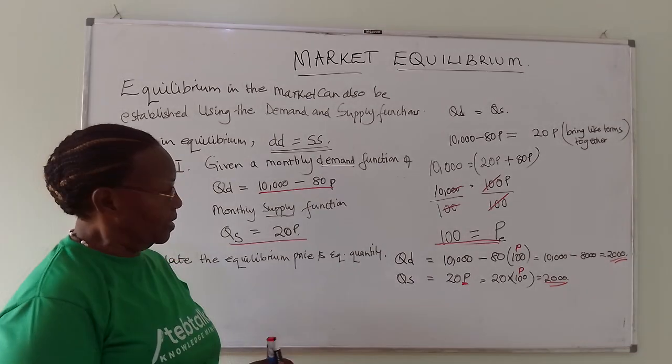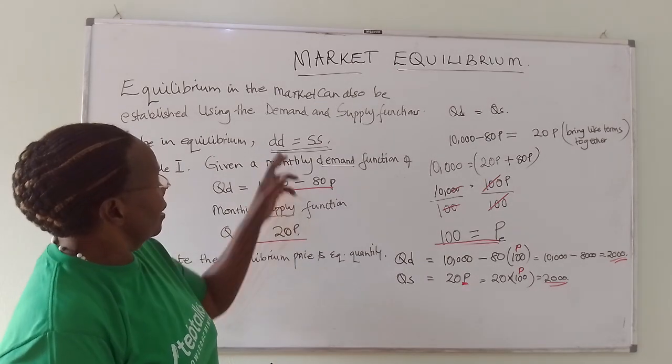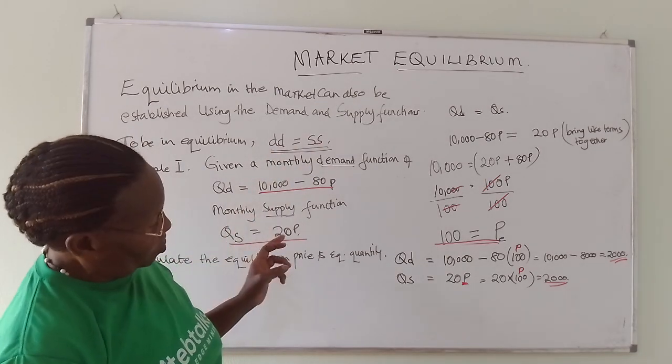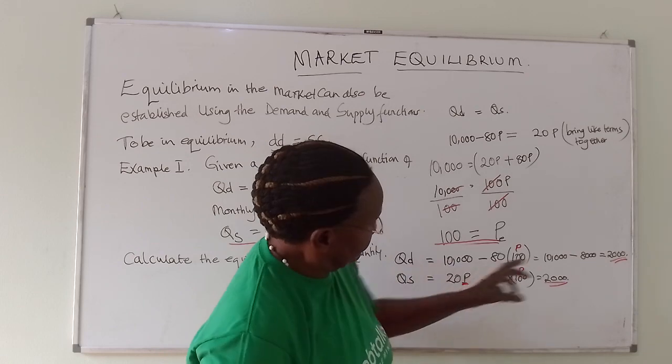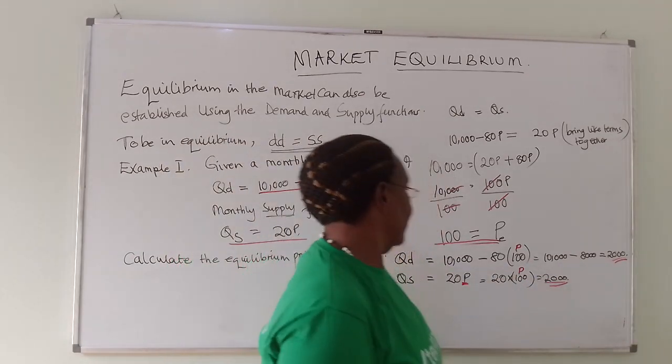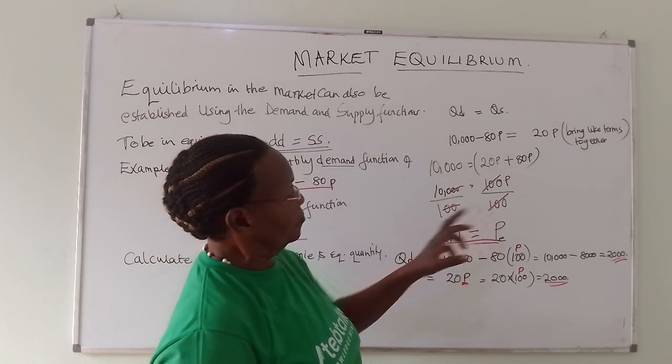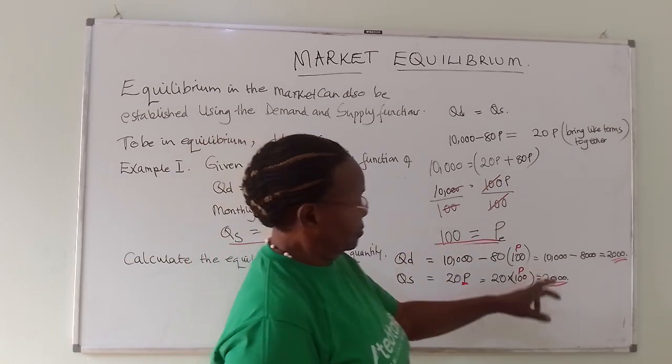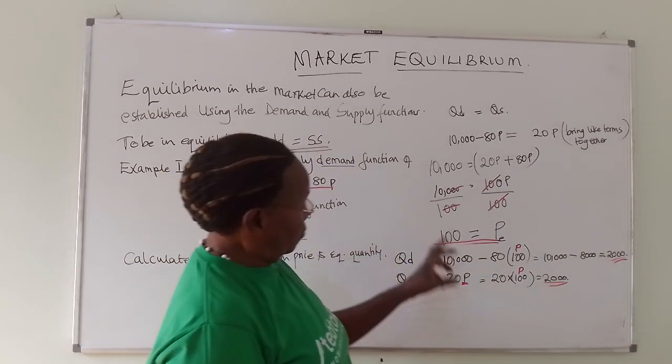Just a plain figure. So now our demand and supply are equal, whereby quantity demanded is 2,000 and quantity supplied is 2,000 at an equilibrium price of 100.